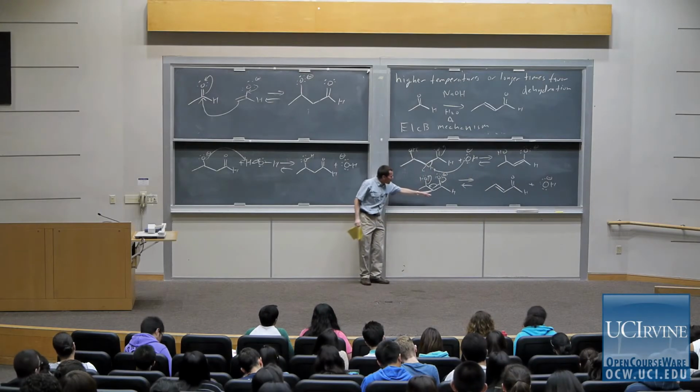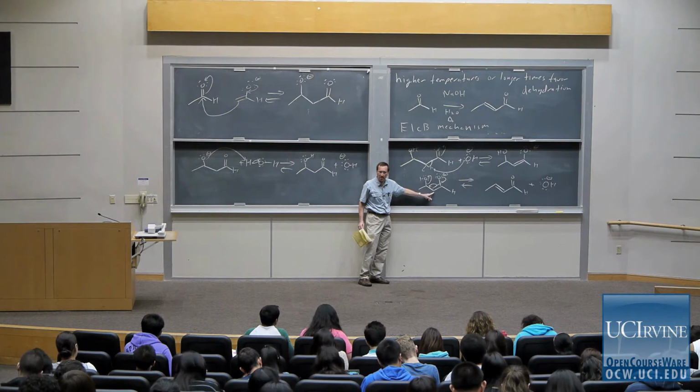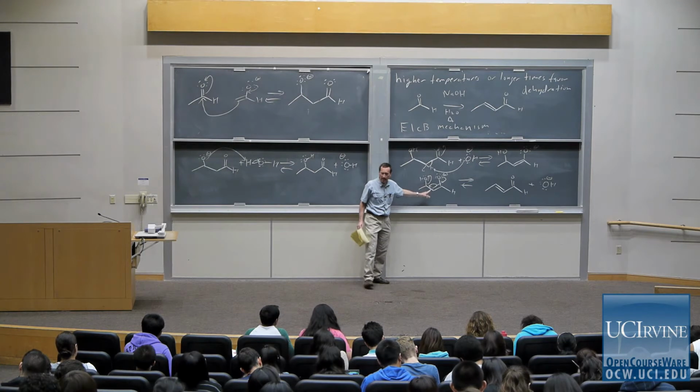It's a lot easier to think about if you remember the resonance structure in which we have a negative charge on the alpha carbon. In that resonance structure, you can just think of it as directly eliminating.